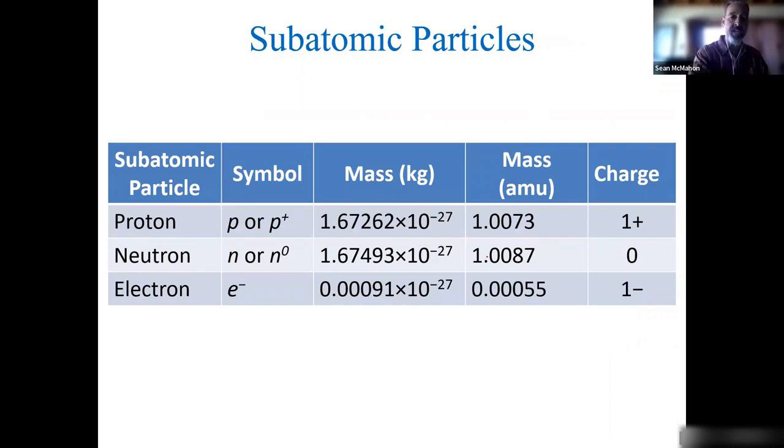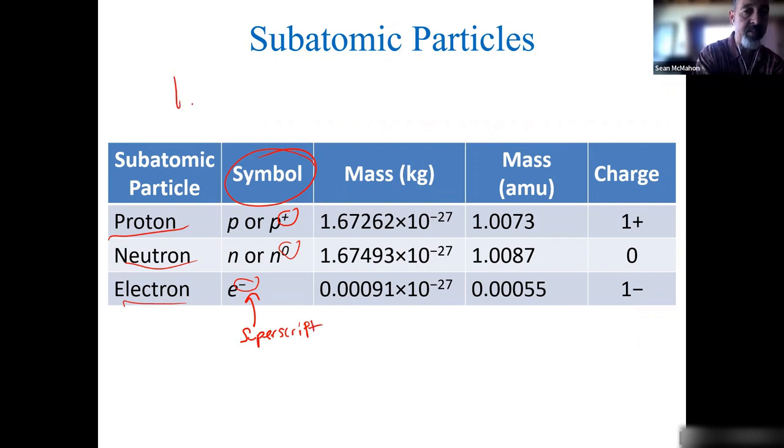So we can use shorthand symbols. Protons, P plus. Neutrons are neutral, so you have a 0. Electrons, so when you have it up like that, the plus and the minus, that's called a superscript. When it's below, that's called a subscript. Right?